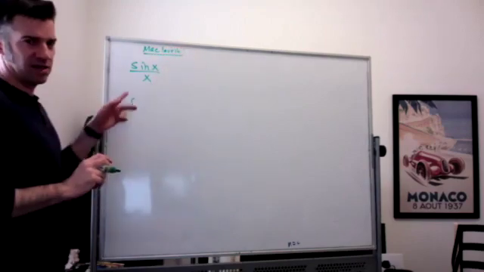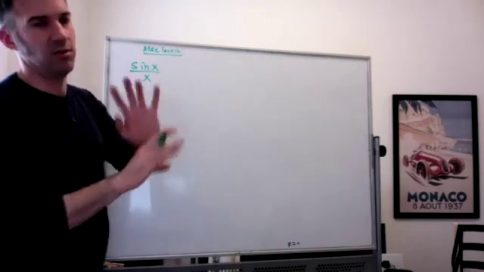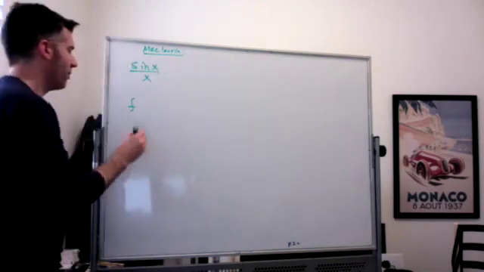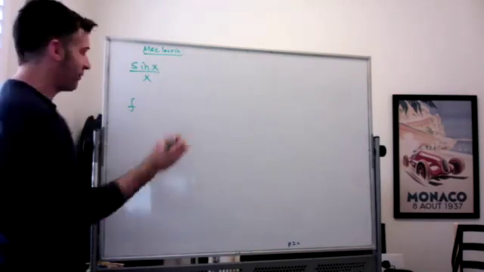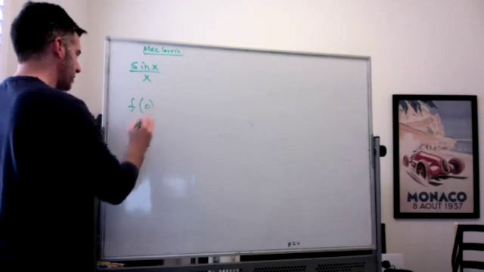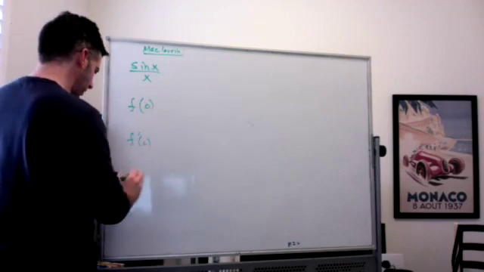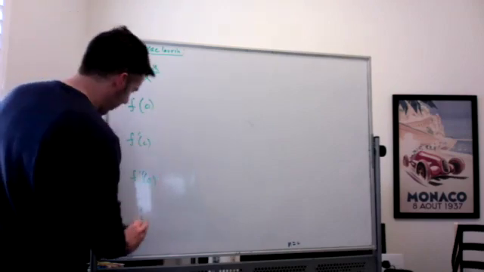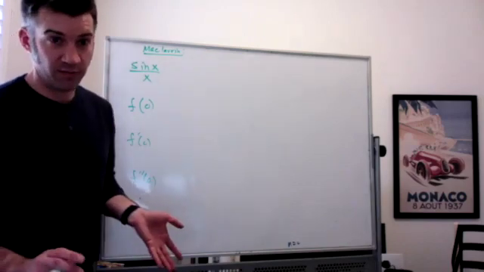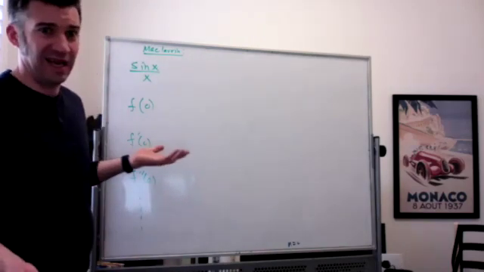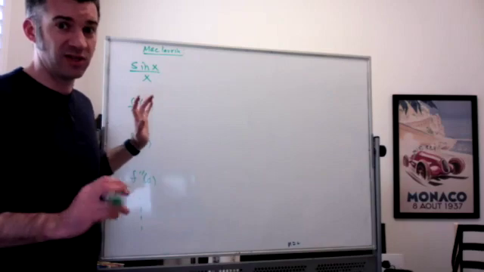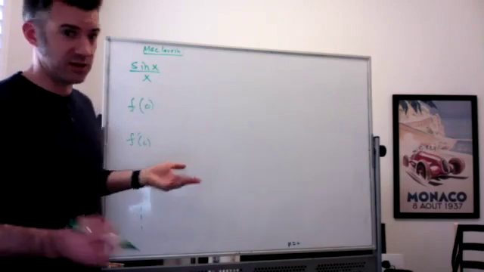Here it feels weird to center this around 0 because technically it's undefined at 0, but it's not a huge deal. So the long way here is to find f of 0 and f prime of 0 and f double prime of 0 and all that, and try and find a pattern for it. The problem is it's a giant pain once you have a function that's even a little bit different than the original.